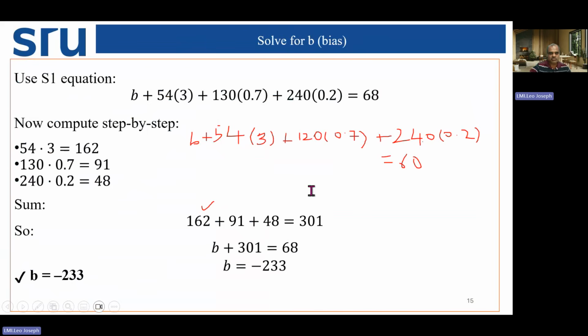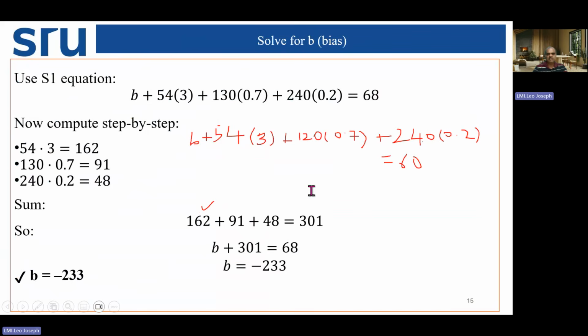0.7 into 120 is 84. The new value is 84.